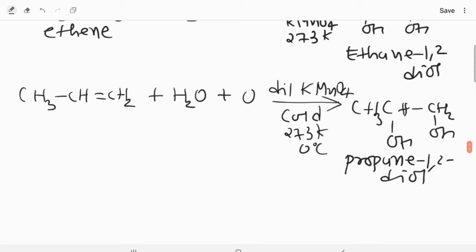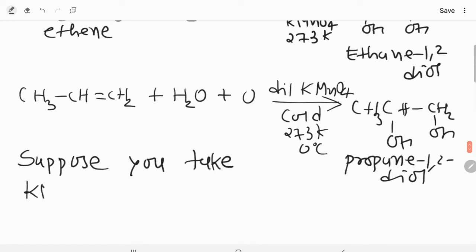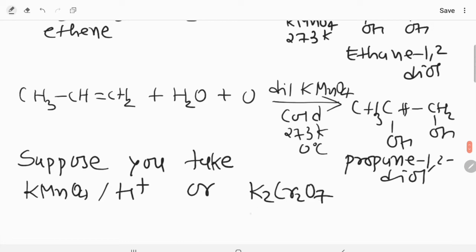Now one more thing, suppose you take acidic potassium permanganate or acidic potassium dichromate. Then the alkene is oxidized to a ketone or acid depending upon the nature of the alkene and experimental conditions. Suppose you take KMnO4 in acidic medium or potassium dichromate, K2Cr2O7, in acidic medium.